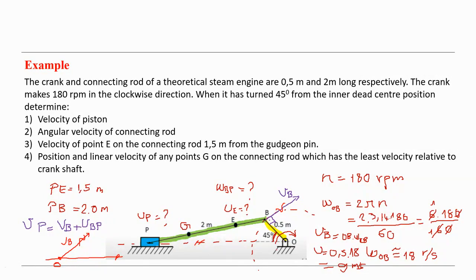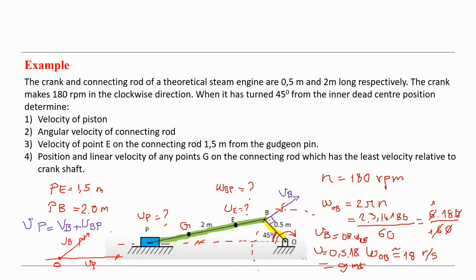I know the direction of the P. This must be VP here. I know the direction, but I don't know the magnitude. And I also know the magnitude and direction of the VBP, which must be perpendicular to the line BP.